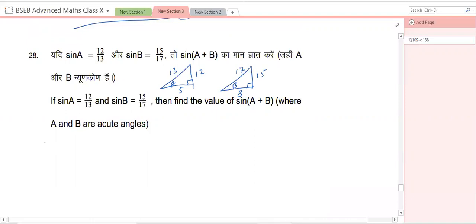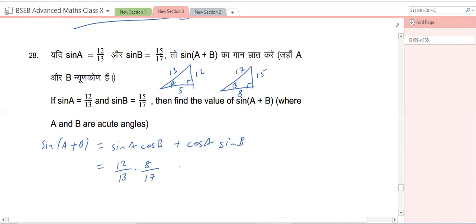So finding sine of A plus B is sine A cos B plus cos A sine B. Sine A is 12 over 13. Cos B is 8 over 17 plus what is cos A? 5 over 13. And what is sine B? 15 over 17. Let's see if we can simplify anything inside here.